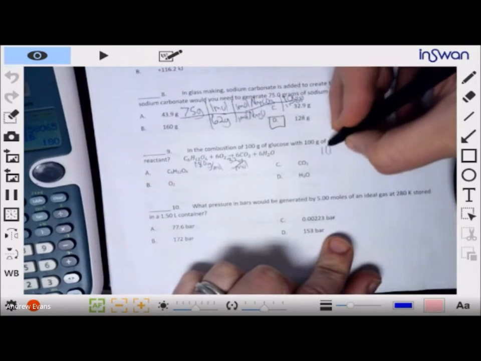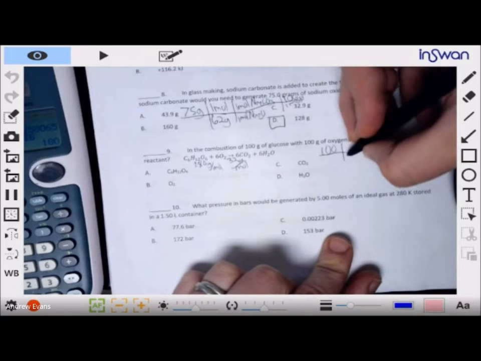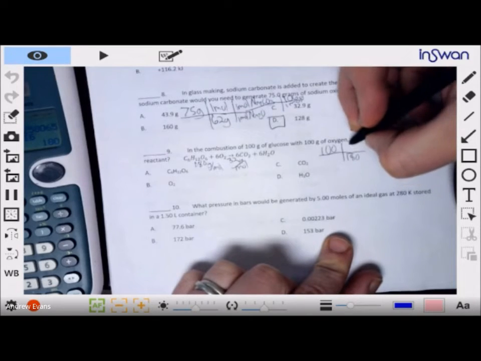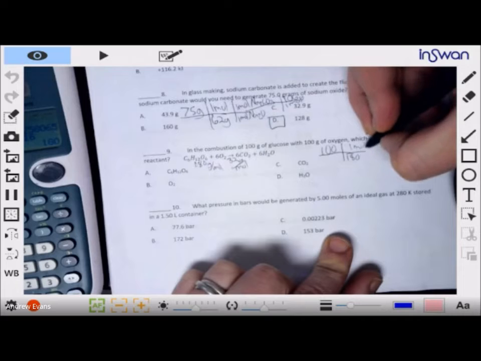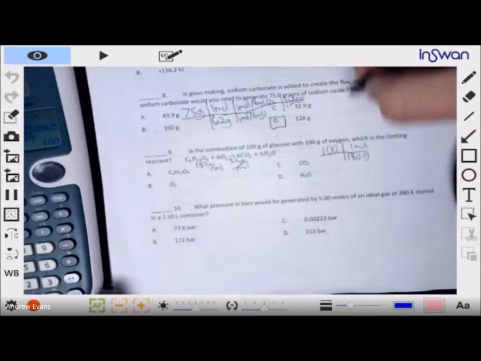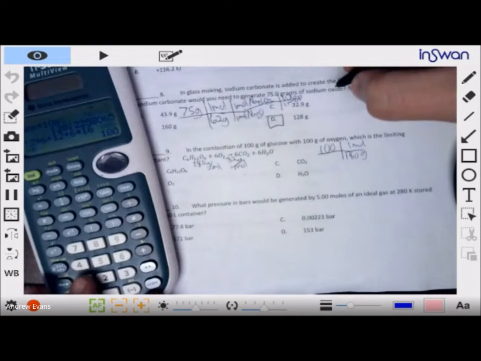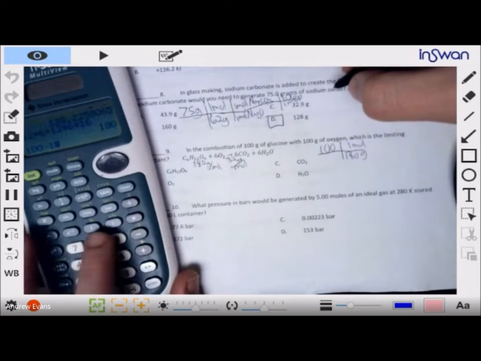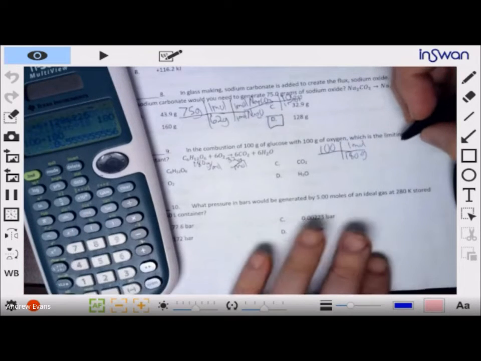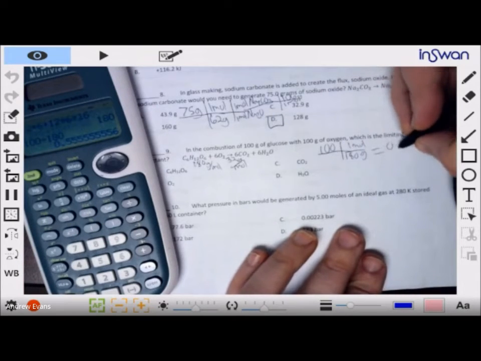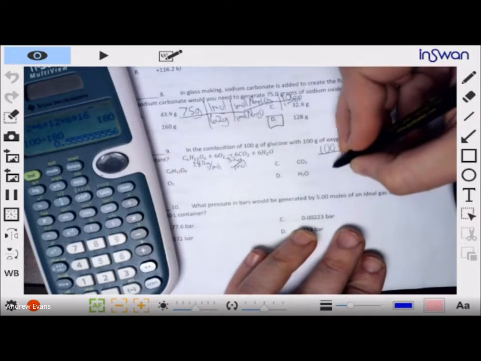So 100 divided by 180 means how many times can this reaction go? How many times can this reaction go with 100 grams based on the glucose? You can do the reaction exactly 0.5 repeating times with that amount of glucose.